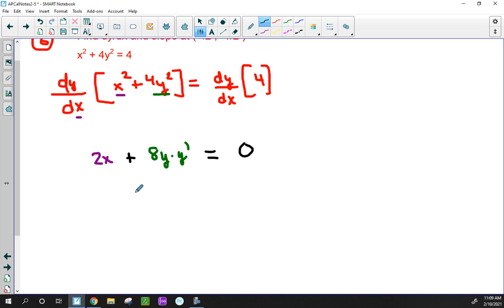And then we will gather terms with dy dx on the left side of the equation, and we'll transpose anything that does not have y prime. We will then solve for y prime. 8y is being multiplied, so we will show division.